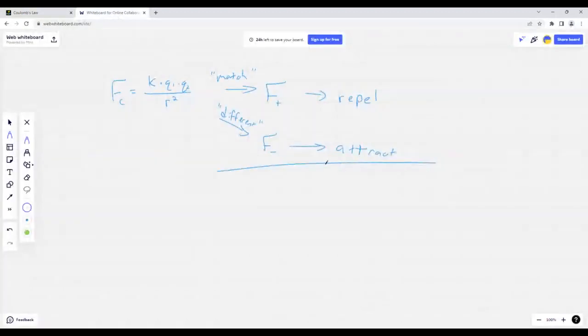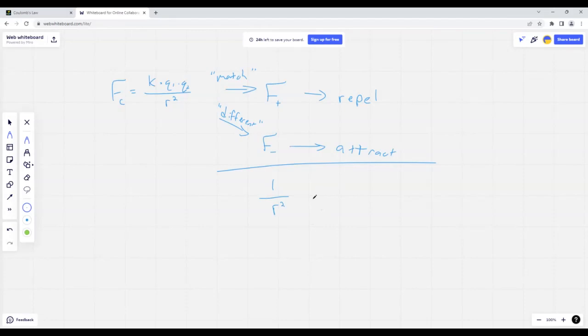And if we think about why that happens, so K is a constant. If we leave the charges as constant, then basically assume everything else is 1 except for what you're looking at. Then if I'm looking at the separation distance, I have 1 over R squared. And if we think about this, if I make R a bigger number, then I would have a fraction with an even bigger bottom. I would be taking 1 and dividing by something even larger, and that would make it smaller.